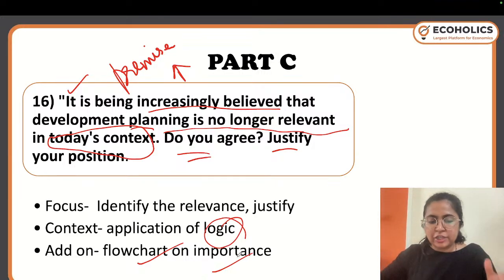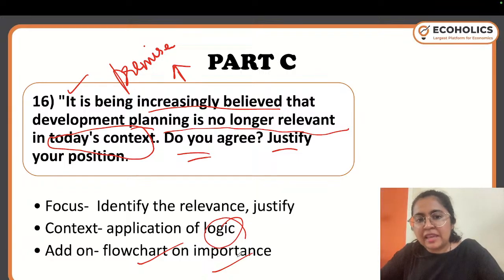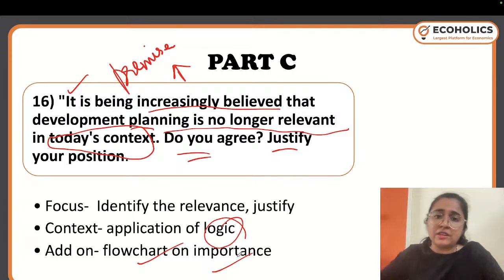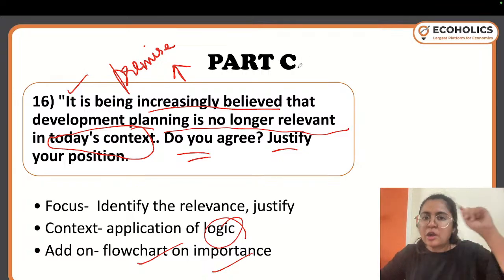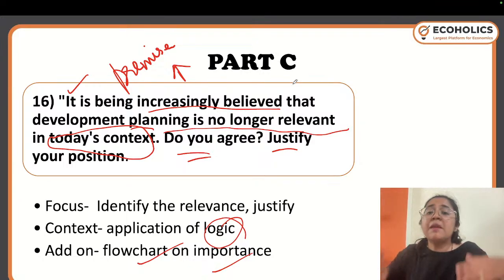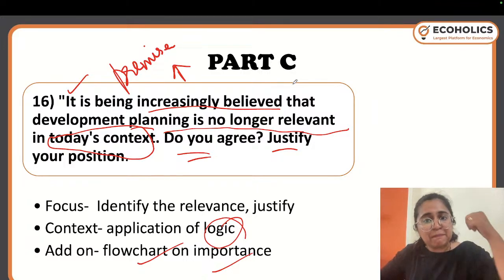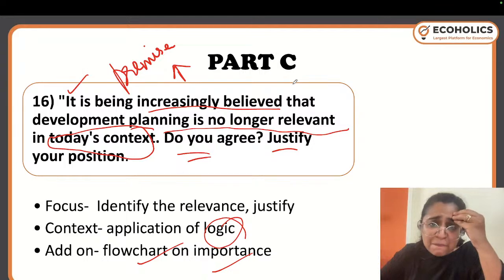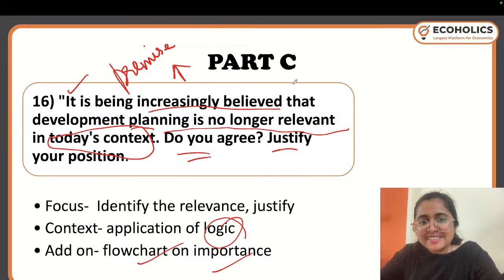For example, for India today, industries play a huge role, or would play a huge role in the coming 10 years if it was not planned. What is Niti Aayog doing? What is the Planning Commission doing? These are examples that development planning, whether back in the day or today, is important, right?